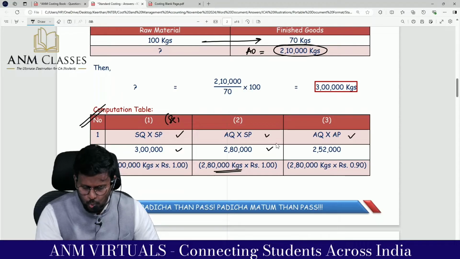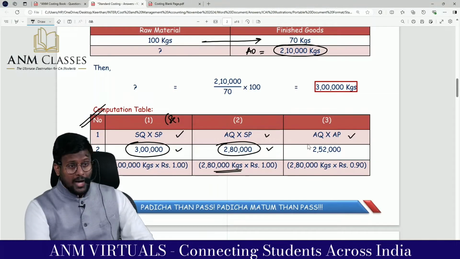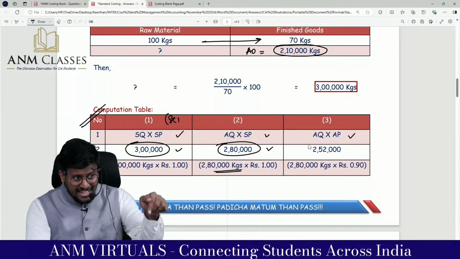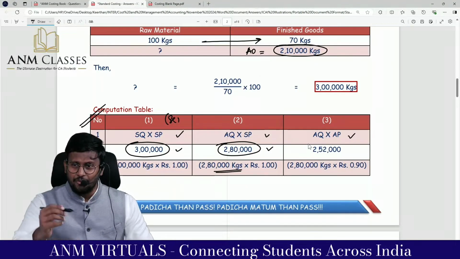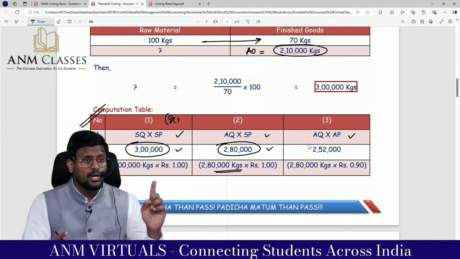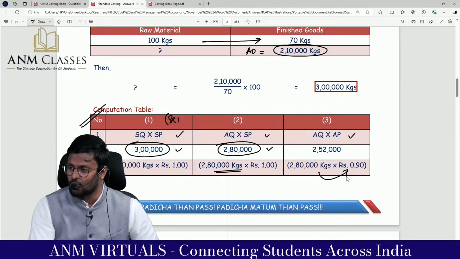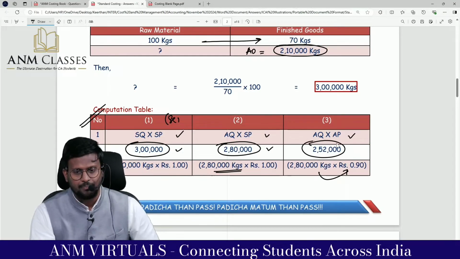So 2,80,000 is column number 2. Whereas for that 2,80,000 kg, I have not paid 1 rupee per kg. I have paid only 90 paise per kg, so 2,80,000 into 90 paise comes to 2,52,000.